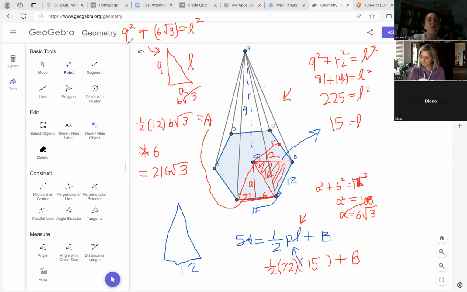So here we'll have 81. This will be 36 times 3, which is 108. Add 108 and 81, that is 189. Equals L squared.